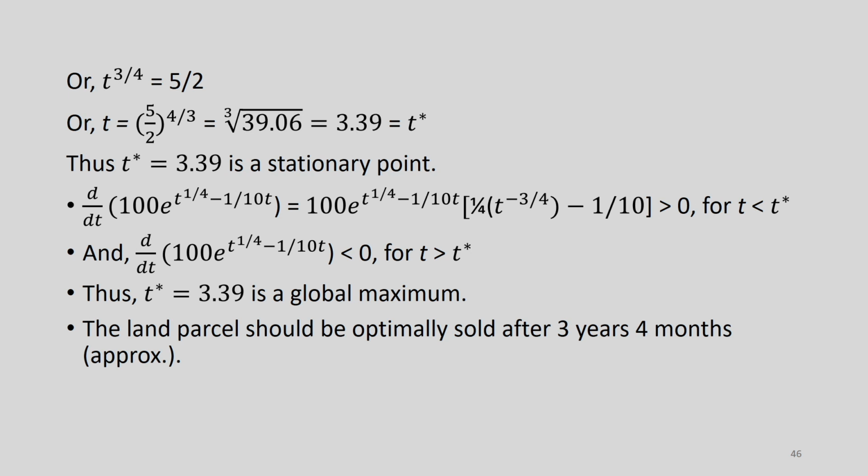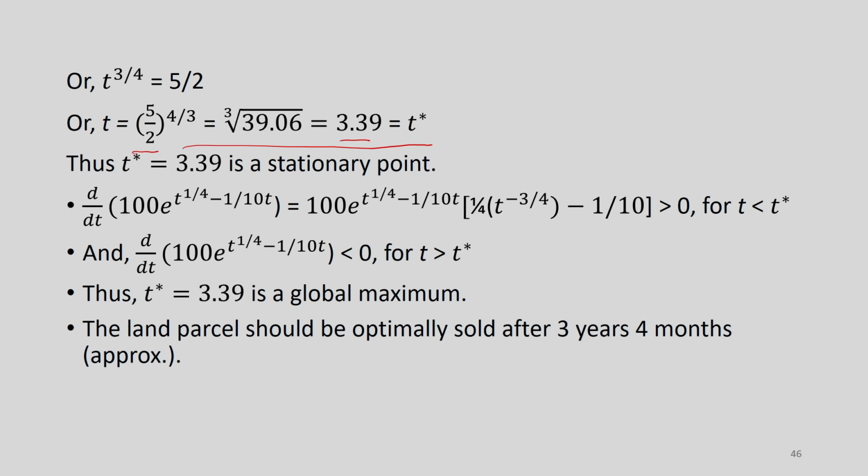So, t is equal to 5 divided by 2 to the power 4 divided by 3. It looks a little bit complicated, but it can be found out. If you have a calculator, it can be easily found out, and you get 3.39. I have rounded off to the second decimal place.